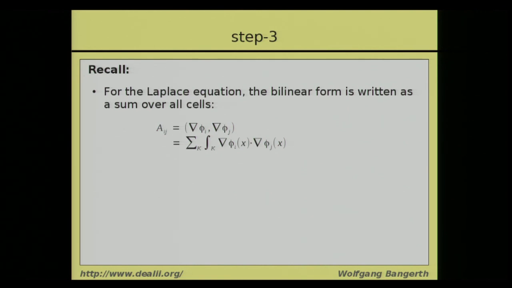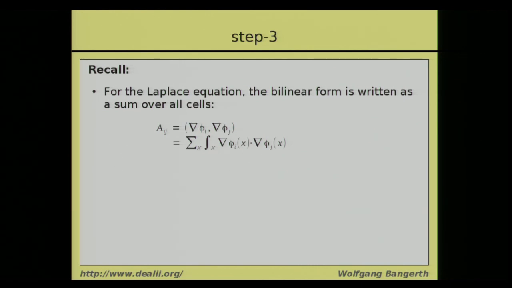In order to compute this matrix, let's say if I have 100 degrees of freedom in my mesh, then this matrix is going to be 100 by 100. And one of the things that I could do is I could have a loop over all the i's, and I could have a loop over all of the 100 different j's. And then for each one, as in this double loop, I would have a loop over all of the cells, and I would integrate on every cell this gradient of phi_i times gradient of phi_j.